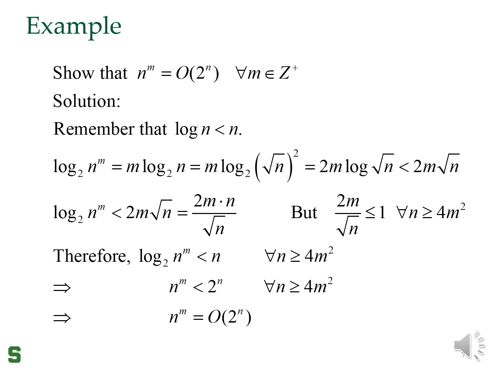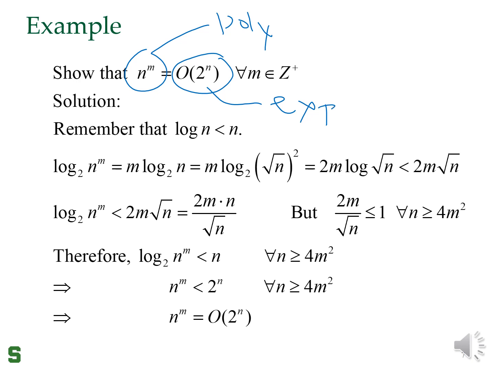A couple things to note about this. These are what we call polynomial functions because they are polynomial in n. M is a constant. These are exponential functions because in this case the n is in the exponent rather than as a polynomial.